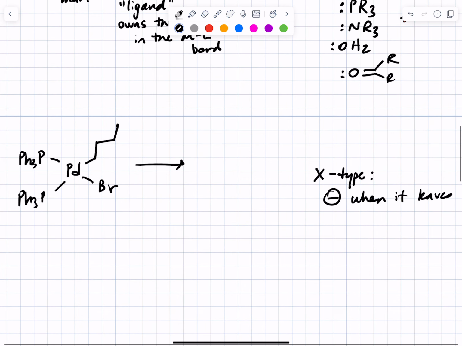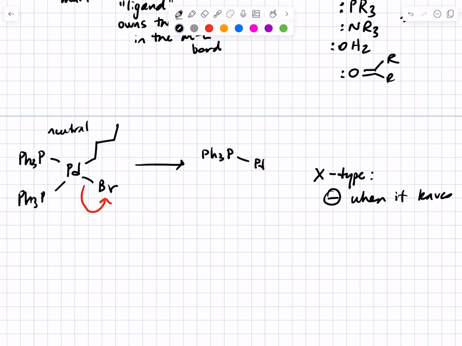To determine whether something's an X-type ligand or not, you think about what it would be like if it left. The complex is neutral to begin with. If the bromo ligand left, it would be negatively charged and the overall complex would be positively charged.